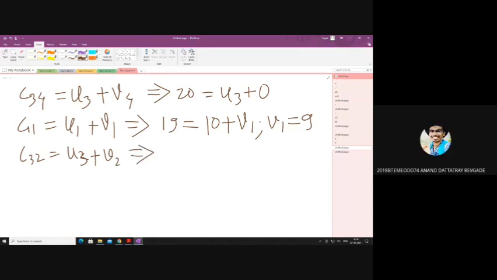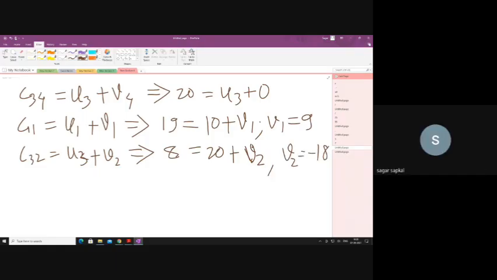Yes, sir. Now tell me C32. 8 is equal to 20 plus V2. So V2 will be equal to minus 12. Okay.